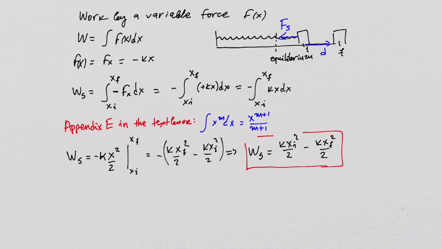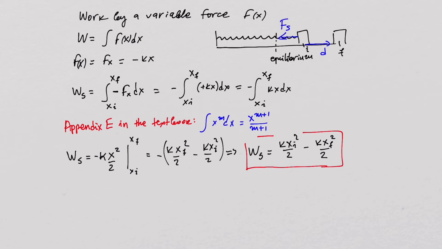What are the initial and final positions? Those are the limits of the integration. So let's say that the block was here at this initial position, it displaced a distance d to this final position, and then the minus here corresponds to the fact that the spring force is opposite to the direction of the displacement.